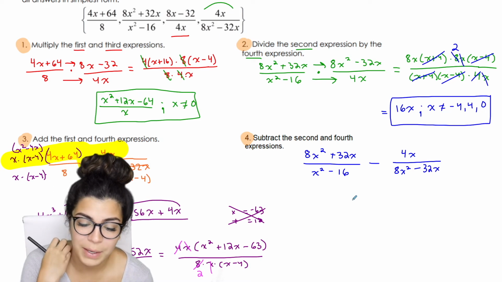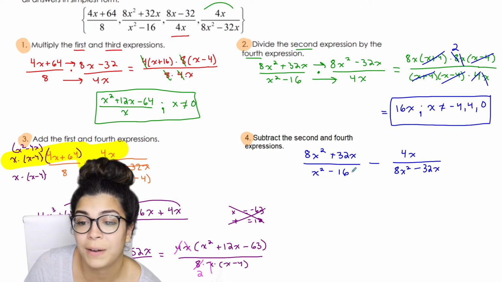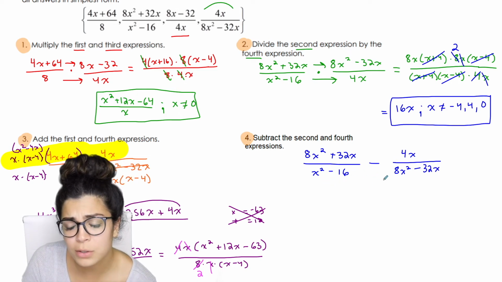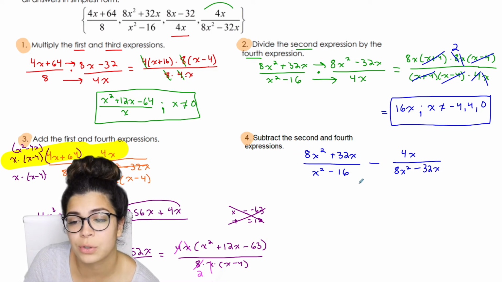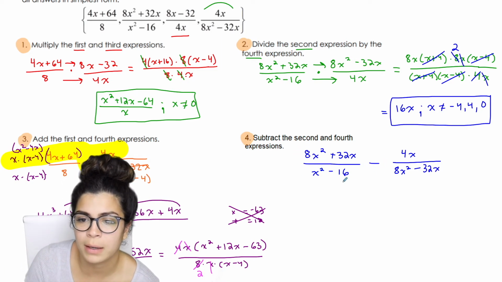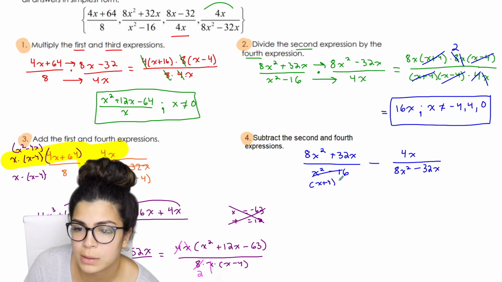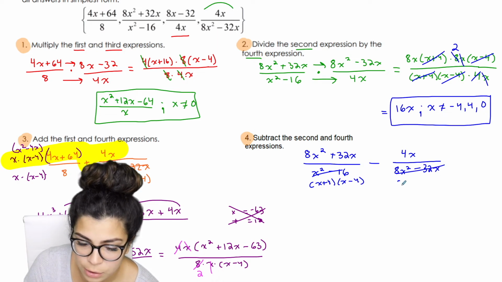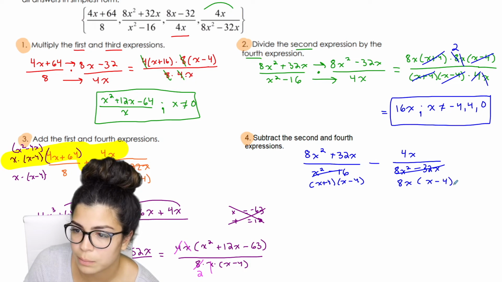Again, the best course of action here is to factor the denominator, because you're going to need the two denominators to be the same. So if we have common factors already, then we don't need to multiply that in as well. So this denominator is x plus 4 times x minus 4, and this denominator would factor into 8x times x minus 4.